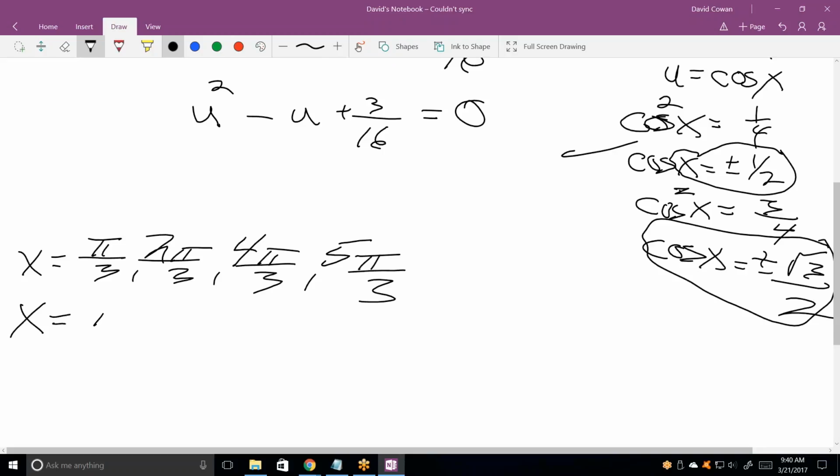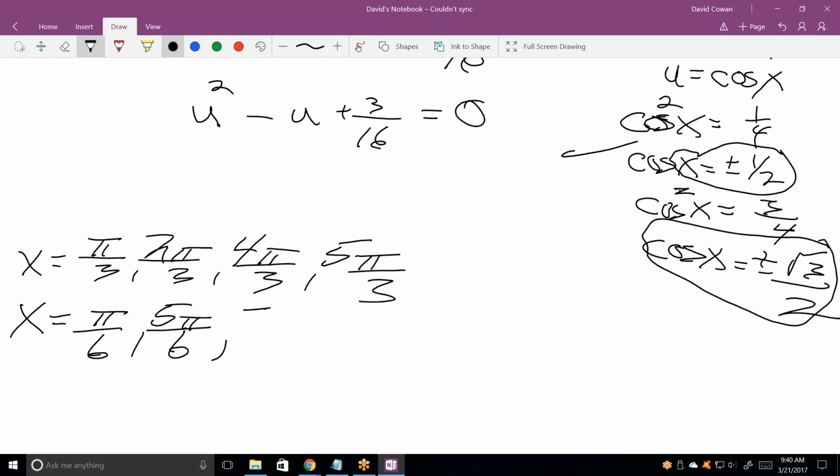That would be pi over 6, 5 pi over 6, 7 pi over 6, and 11 pi over 6. Yeah, and there's my 8 answers in the unit circle.